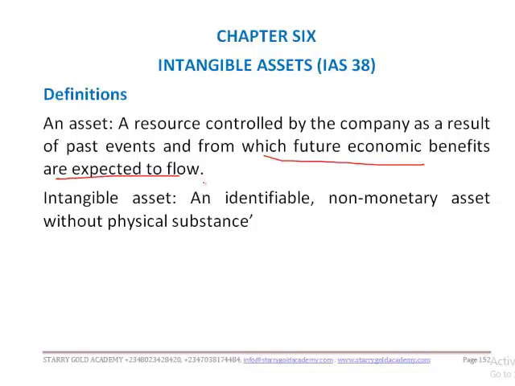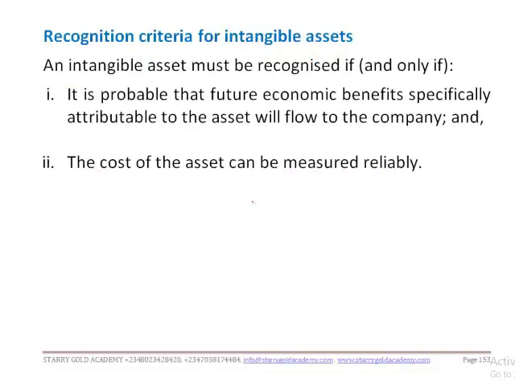As a result of past events, you can control the resource and enjoy future economic benefit from it. So an intangible asset is an identifiable non-monetary asset without physical substance.